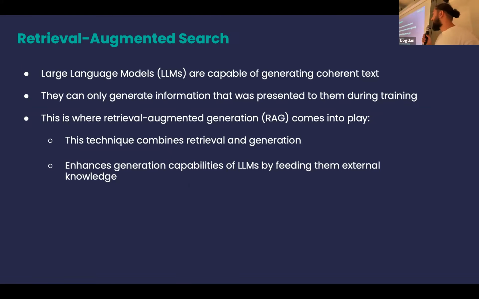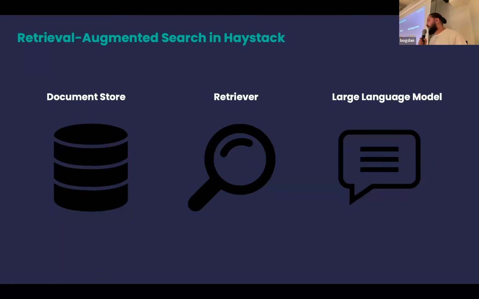This is where retrieval-augmented generation comes into play. It is a technique combining retrieval and generation, and it enhances the generating capabilities of these large language models by feeding them some external knowledge. Here is where Haystack, our open source framework, is very useful. To build a retrieval-augmented search application, you need three main components.